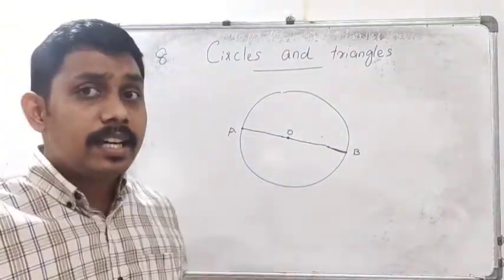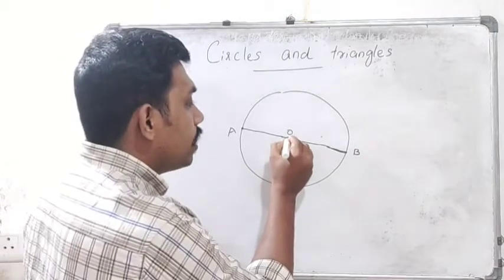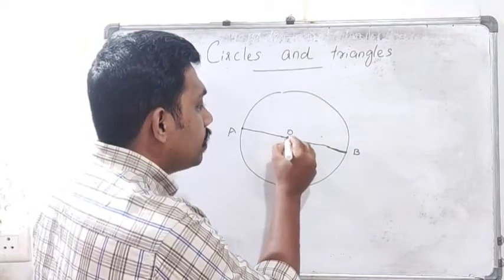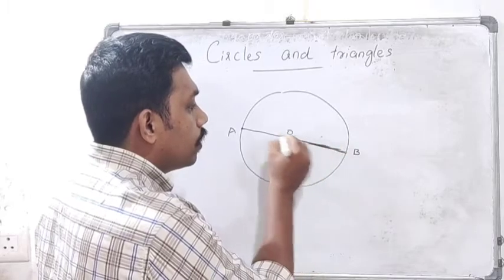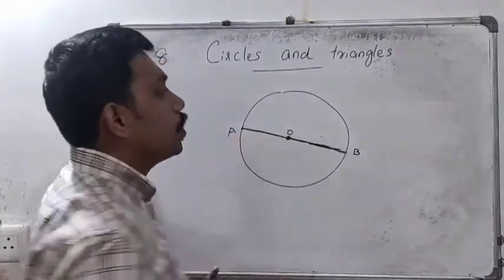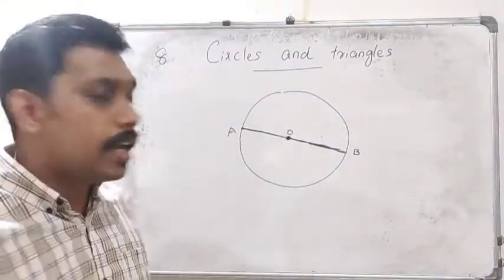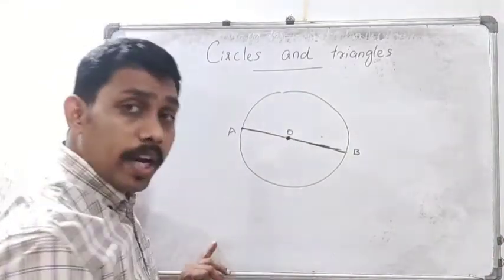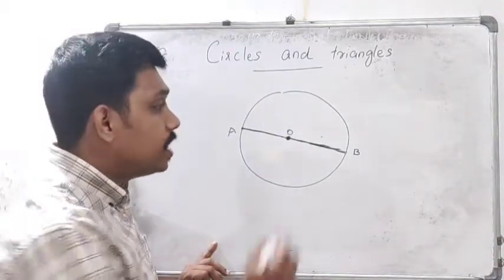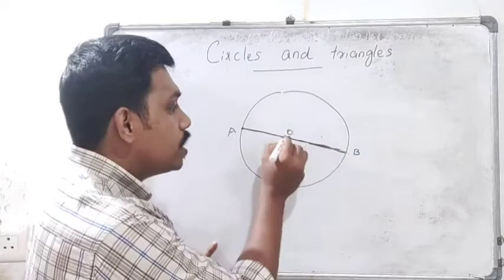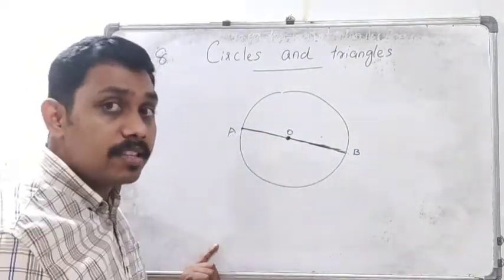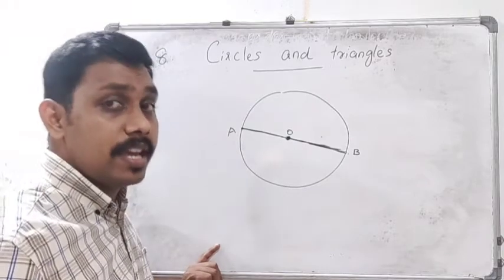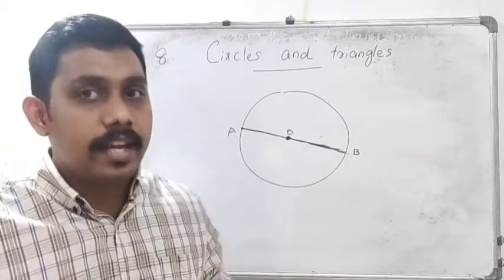Is there any property or feature? Look here. We have two radii, OB and OA. That means the line segment AB is twice the radius, isn't it?